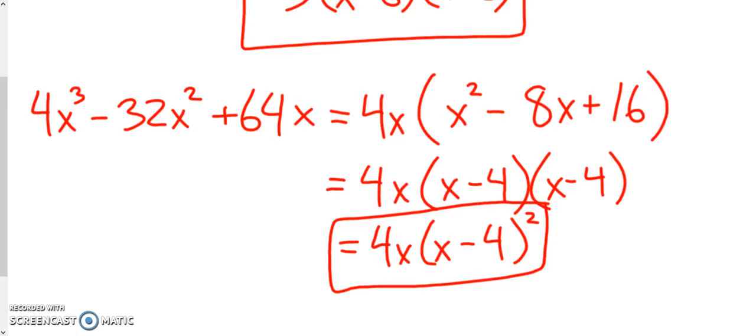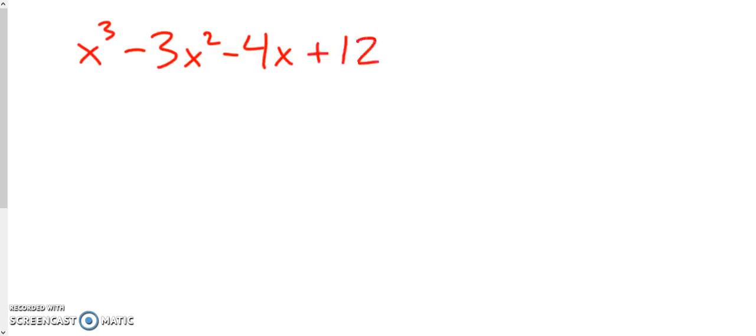And then one other item that I would like you to look at, x cubed minus 3x squared minus 4x plus 12. Now you may look at this and go, well, this doesn't fit in the box.